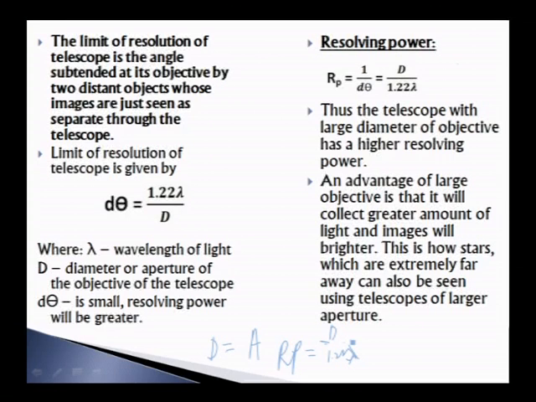Hence, in order to see a far away object, we will use a telescope with a larger aperture. As the size of the aperture increases, the resolving power also increases.